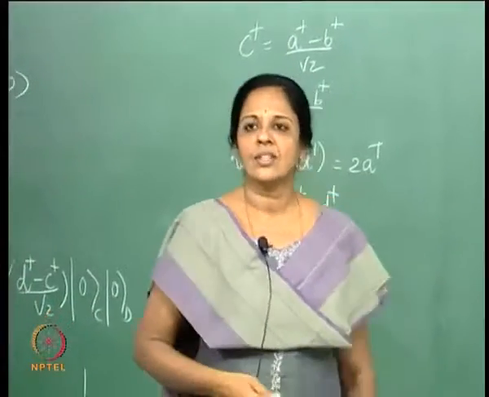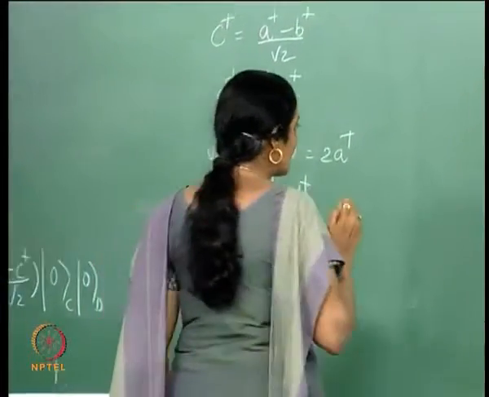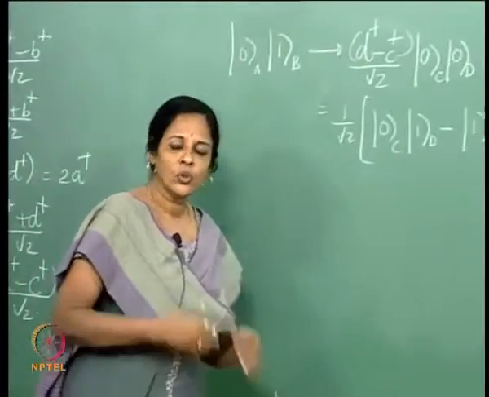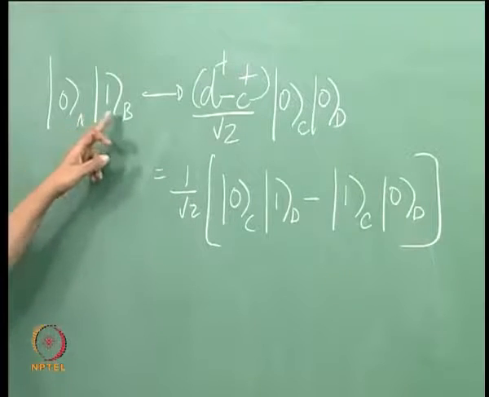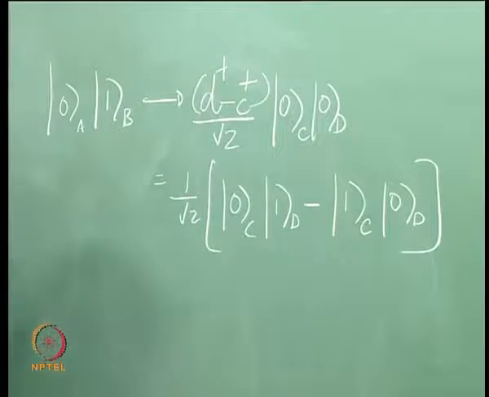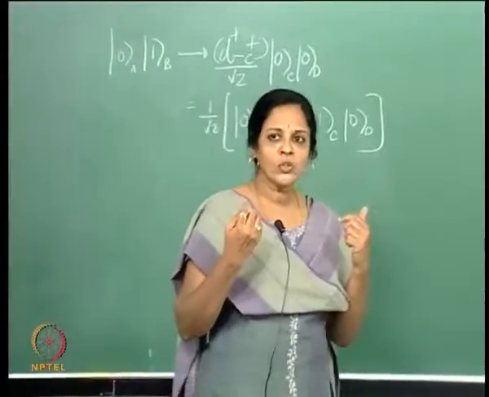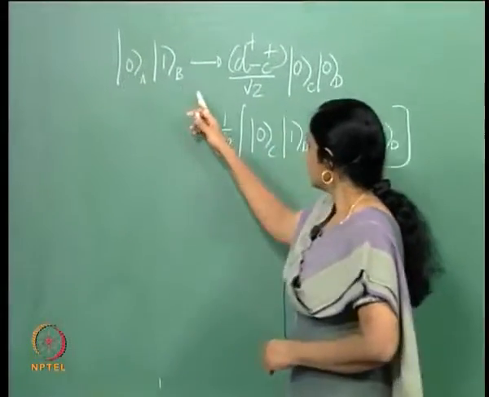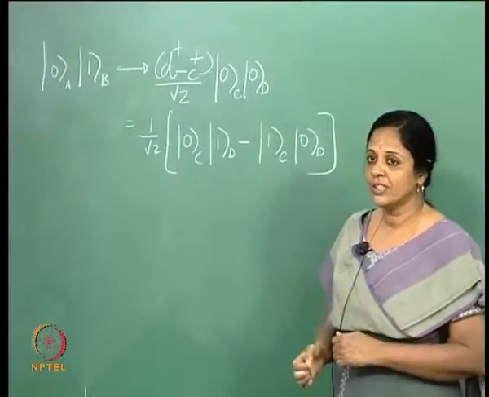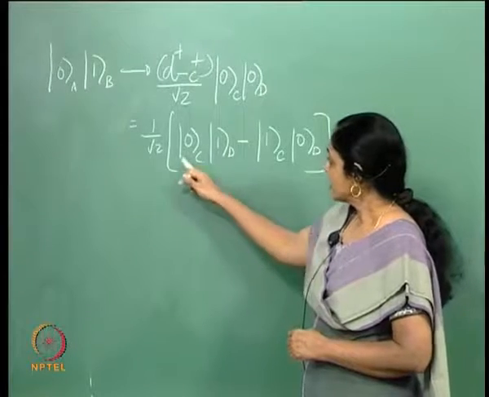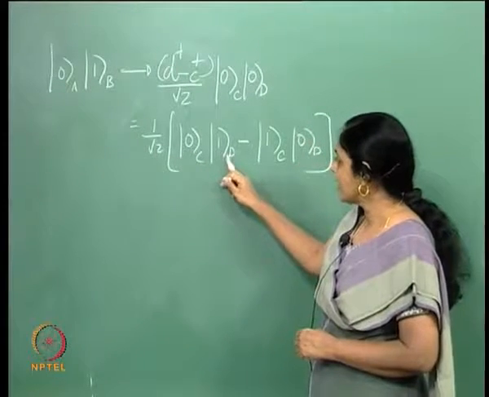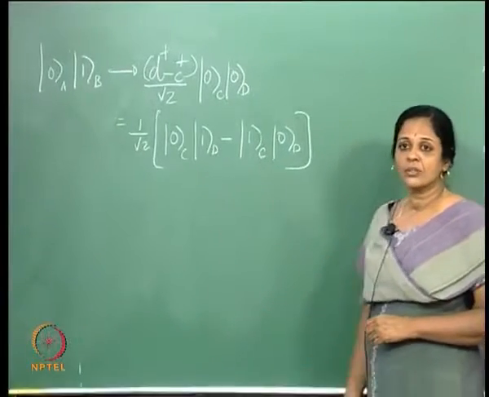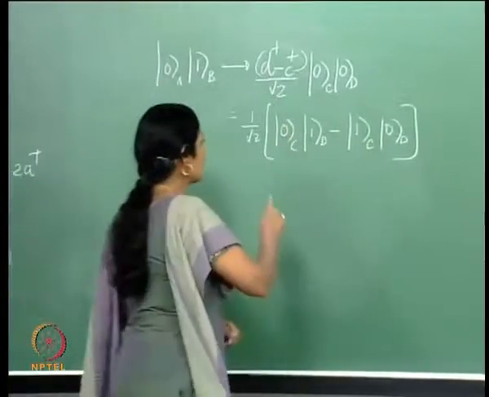Now, this is a very interesting and important result, because it tells me that if I had sent in 0 photons through the input port A and 1 photon through the input port B, I might expect to see the single photon that I sent in through the input port B either coming out through port C or through port D. But this tells me that there is a 50% probability that it comes out through port D and 50% probability that it comes out through port C. This is a very interesting result.